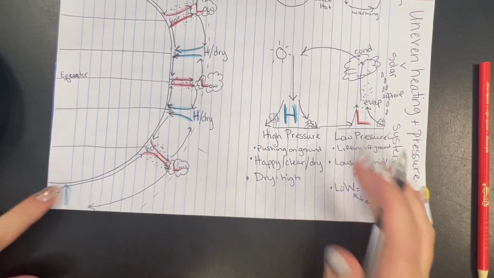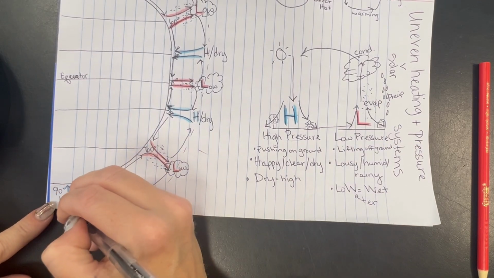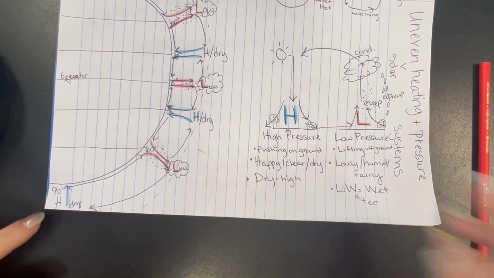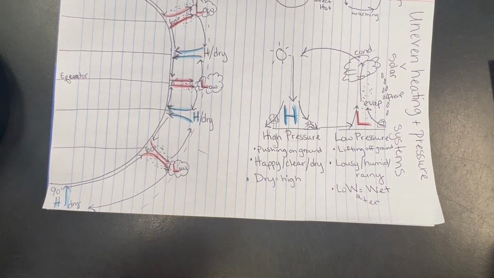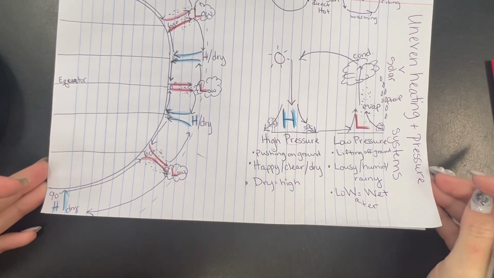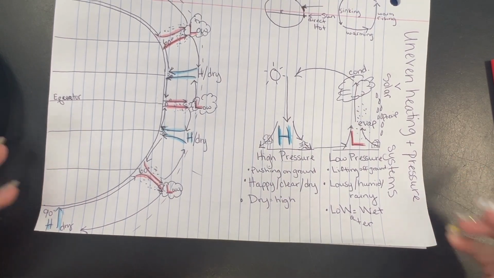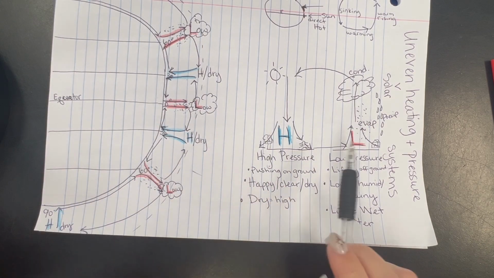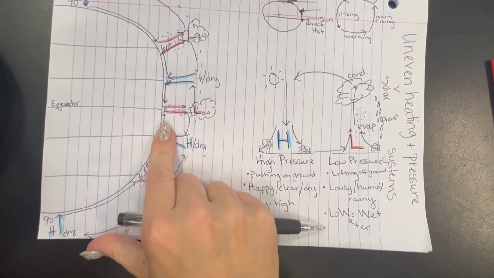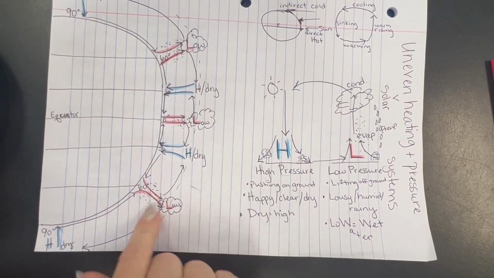And then again at the South Pole, we have H for high, high is dry. All right, so this is uneven heating and pressure systems and how that uneven heating drives these pressure systems, okay?